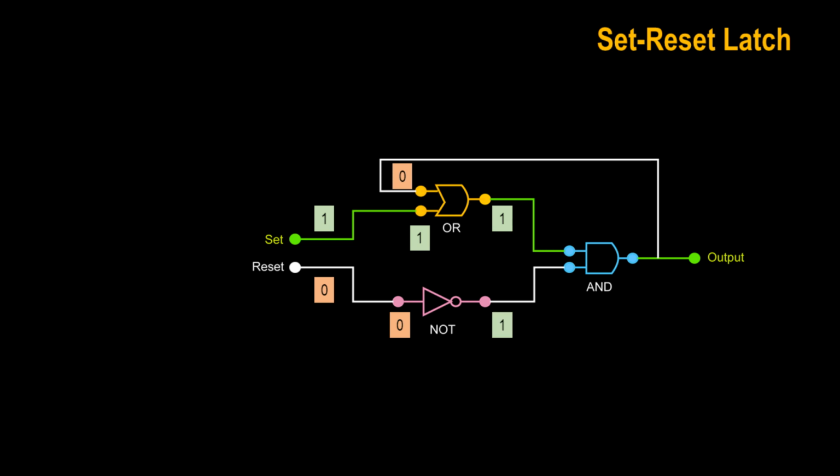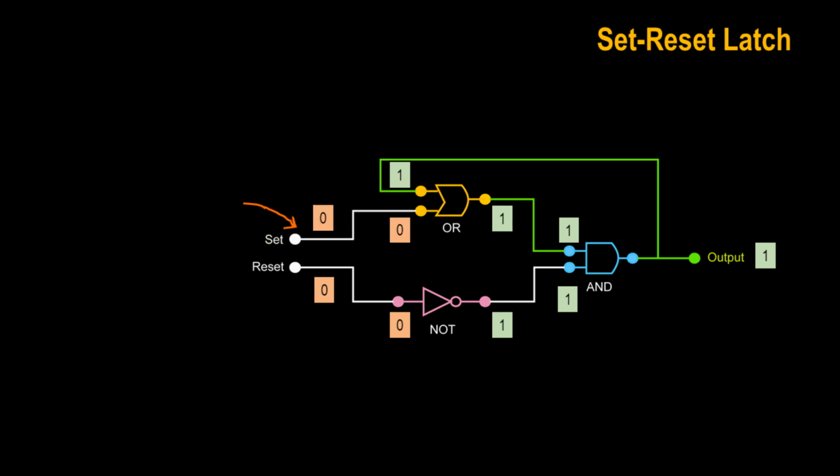It will flip it to 1. So both the inputs to the AND gate are 1. That means the output from the AND gate is also 1. Note that this output feeds back as an input to the OR gate. That means both the inputs for the OR gate are now 1.